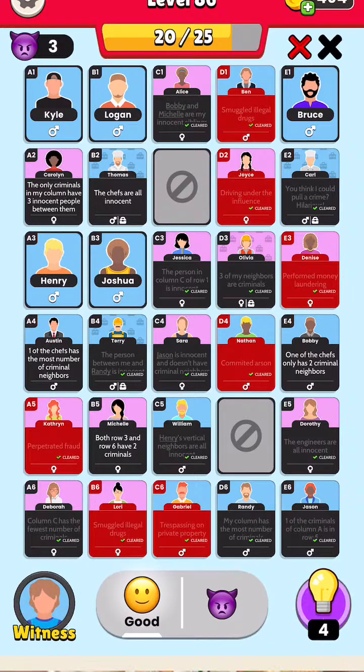And then, okay. So either Joshua or Henry, I feel like it's Henry. Because the only criminals in my column have 3 innocent people between them. So it could be Henry is the criminal and then everybody between them is innocent. Thomas has 2 criminal neighbors.